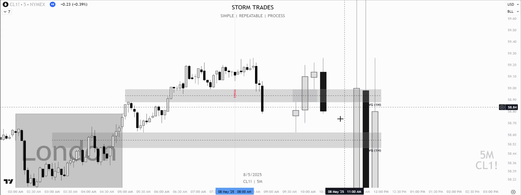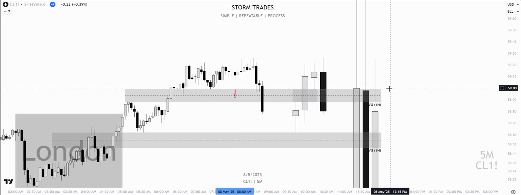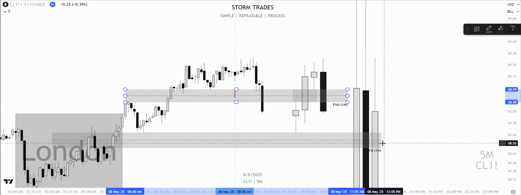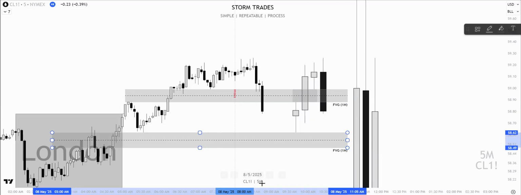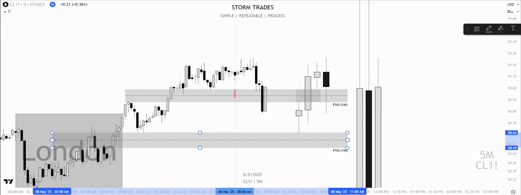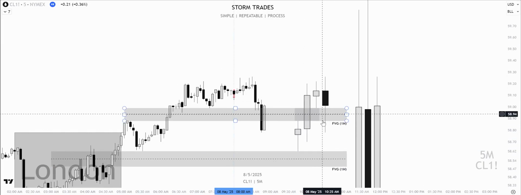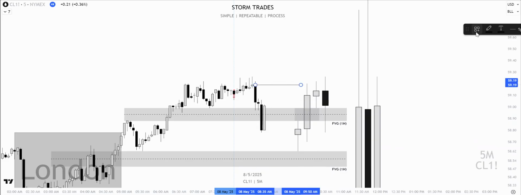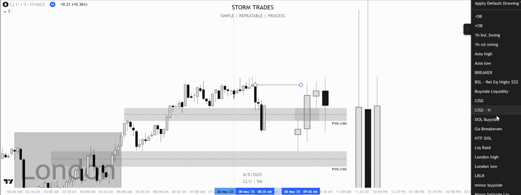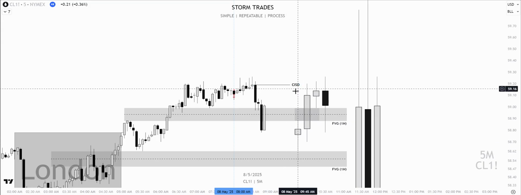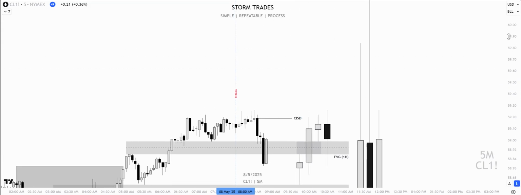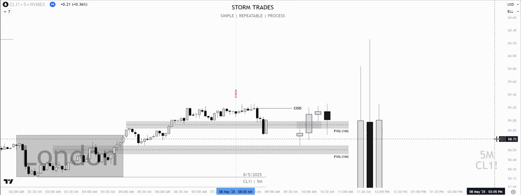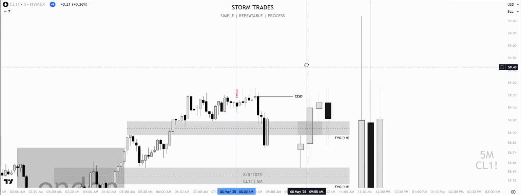Okay, so we had a deeper dig into this hourly fair value gap. At this point, with this wick being the way it is, I would be looking for this series of down close candles to get traded through, create a change in the state of delivery to go higher to our stated goal.